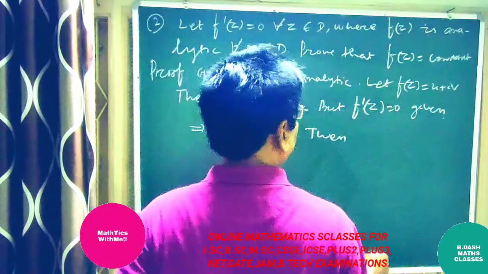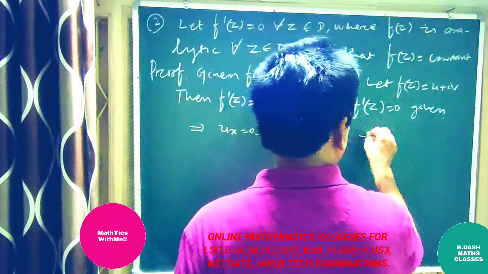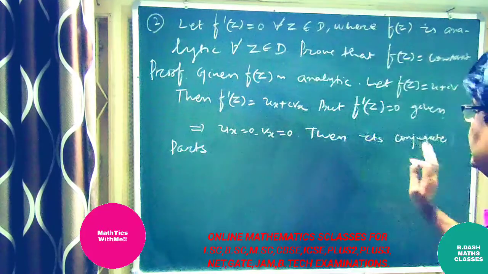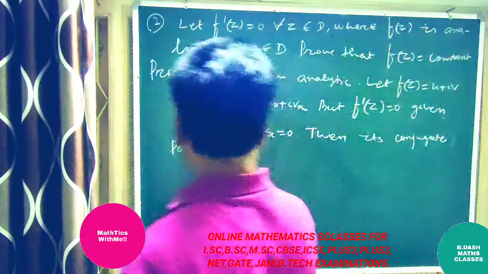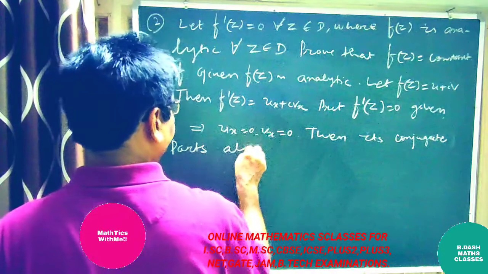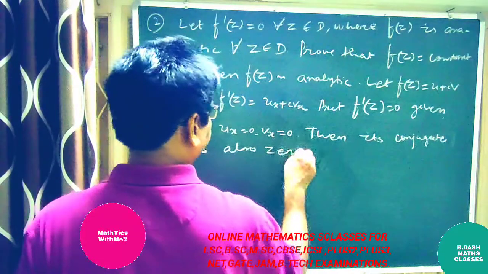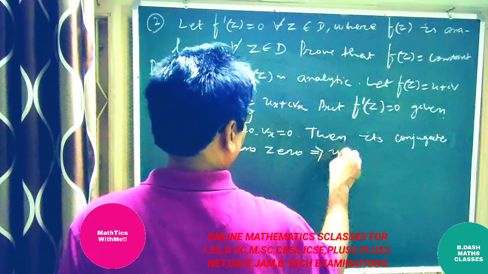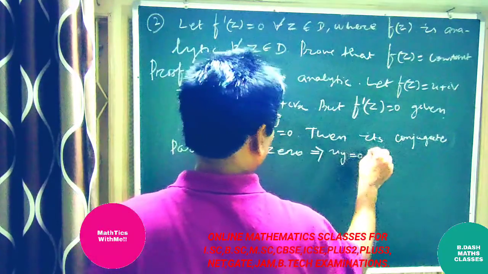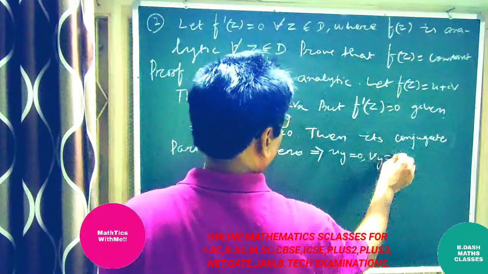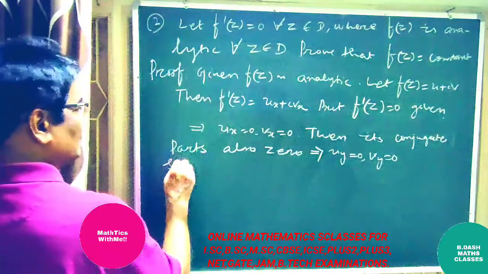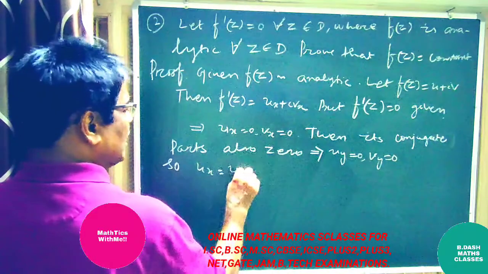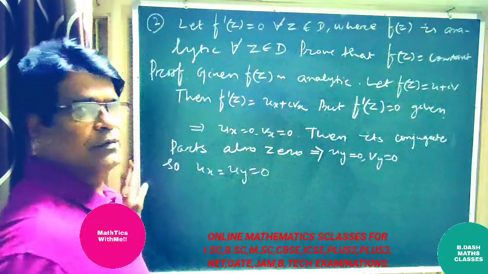Then its conjugate parts are also 0. This implies uy is equal to 0, vy is equal to 0. So ux is equal to uy is equal to 0.